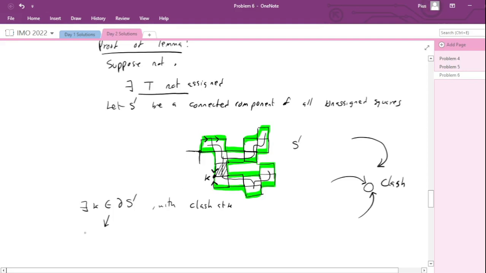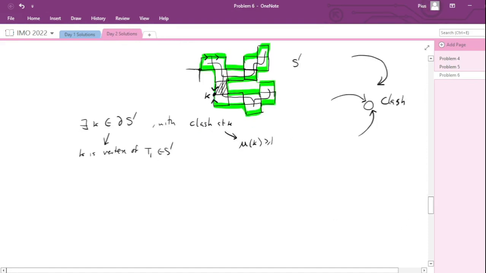So that means K is a vertex of some T1 that's in S prime. Okay, and also since we have a clash at K, from our lemma 2, we have that the accumulation at K has to be at least 1. So with these two ingredients, we see that we can make use of claim 5.